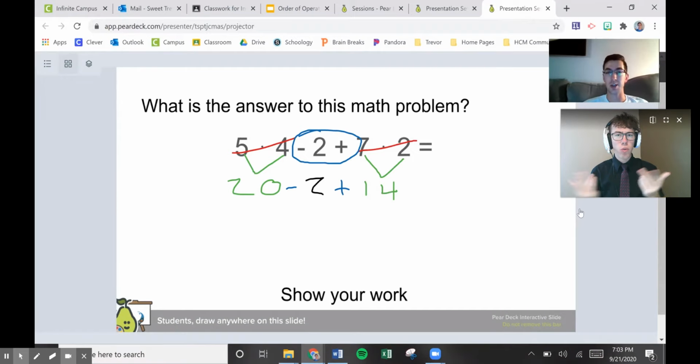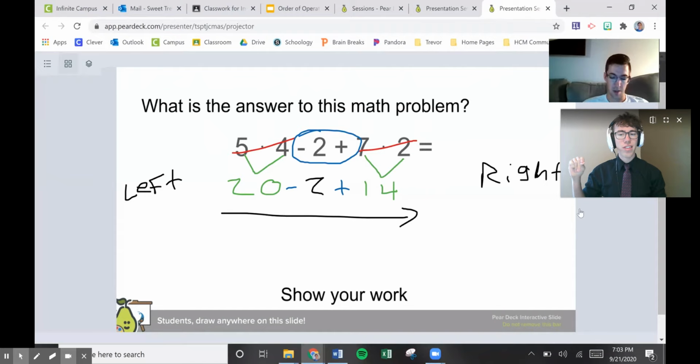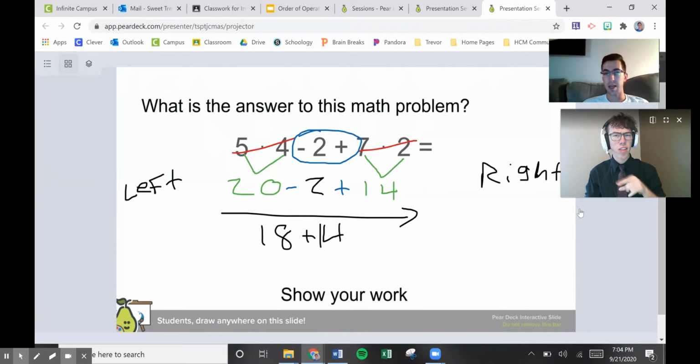When you have both subtraction and addition, you just go from left to right. So we're going to go from the left side to the right side, just like this across the problem. So 20 minus 2 is 18, plus 14. 18 plus 14 is 32. Okay?